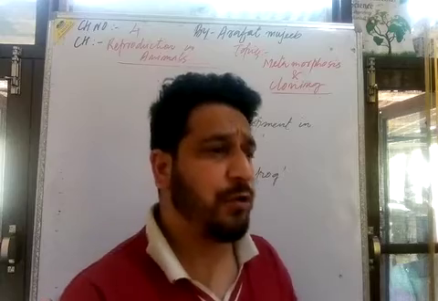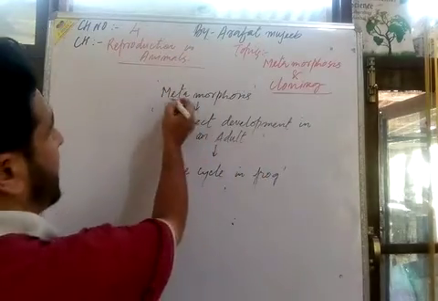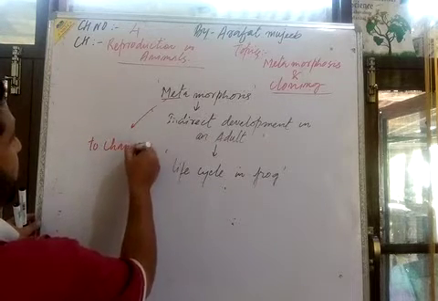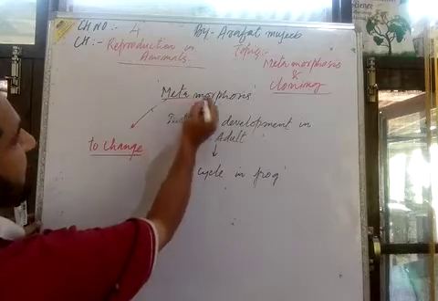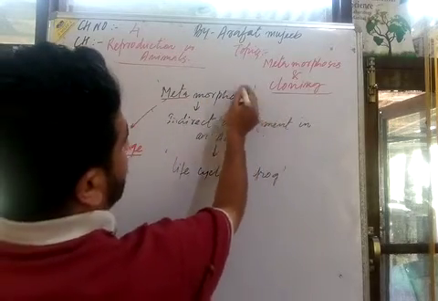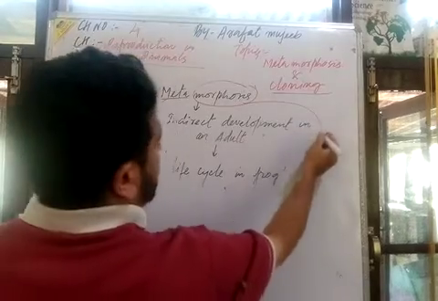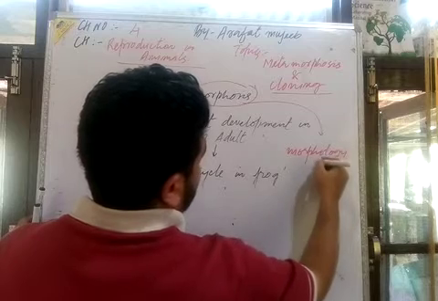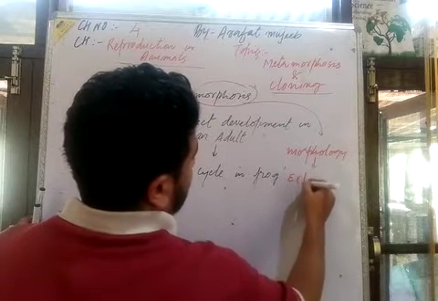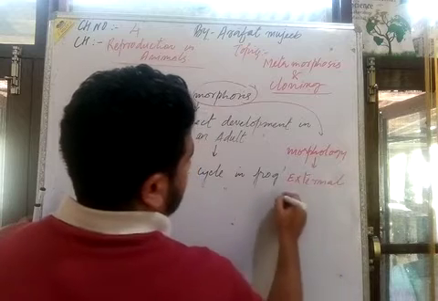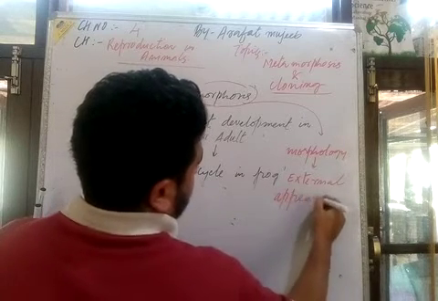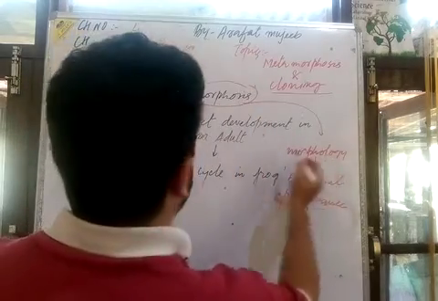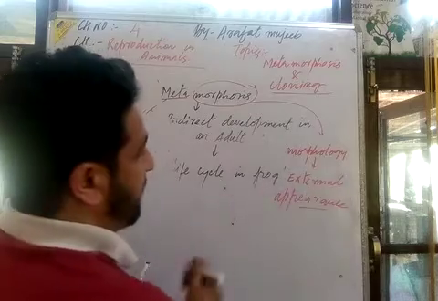If we look at the term metamorphosis, meta means to change, and morphosis here means morphology, which means external appearance. That means the external surface undergoes change: meta, to change the external appearance.